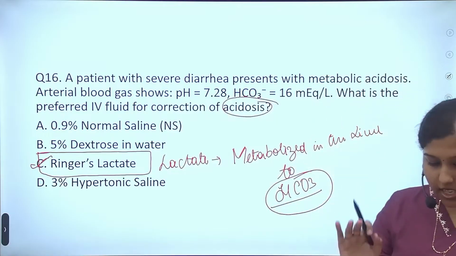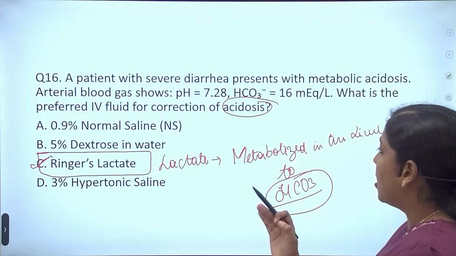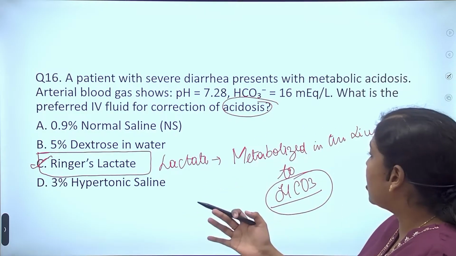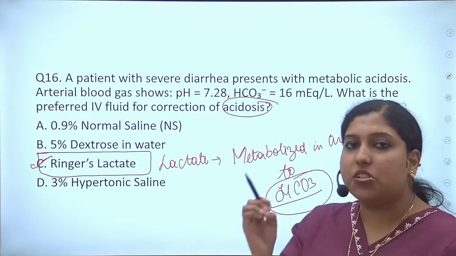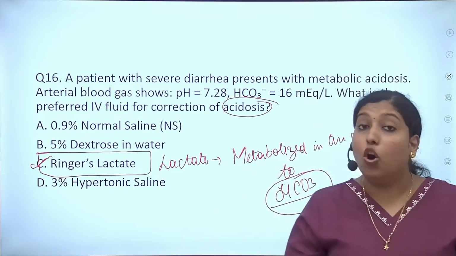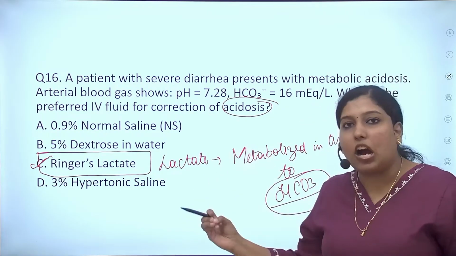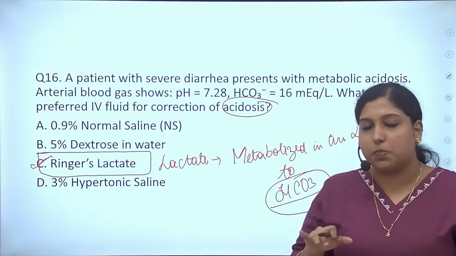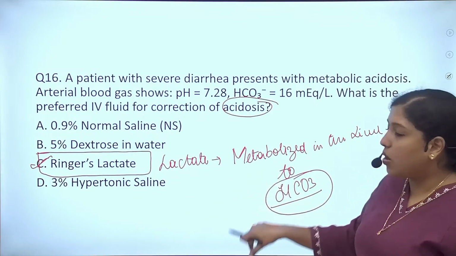Ringer lactate is the preferred solution in case of metabolic acidosis. Why? Because it contains a lactate component which is metabolized in the liver to bicarbonate. Here we need bicarbonate to maintain the acid-base balance, because acid is more, so the base bicarbonate we need.